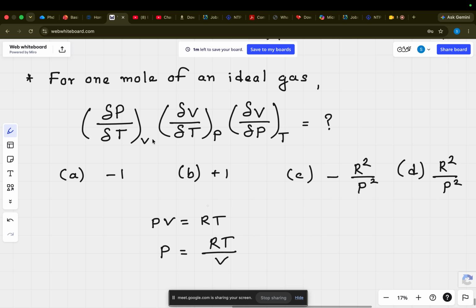Volume is constant, R is your universal gas constant, so find out the value. Similarly, find out V, then do differentiation with respect to T and P, and then you multiply, you will get it. Clear how to do? Try it.